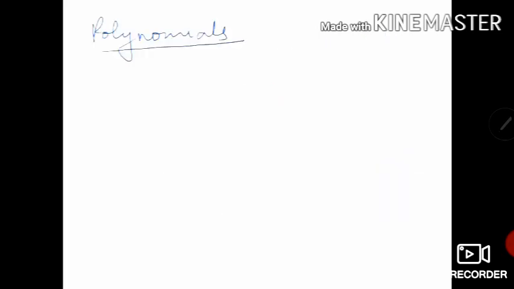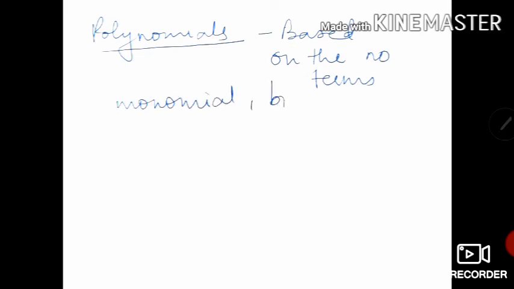So polynomials can be categorized based on the number of terms as monomial, binomial, trinomial, so we know the terms related to polynomials up to 3 terms. Can polynomials have more terms?